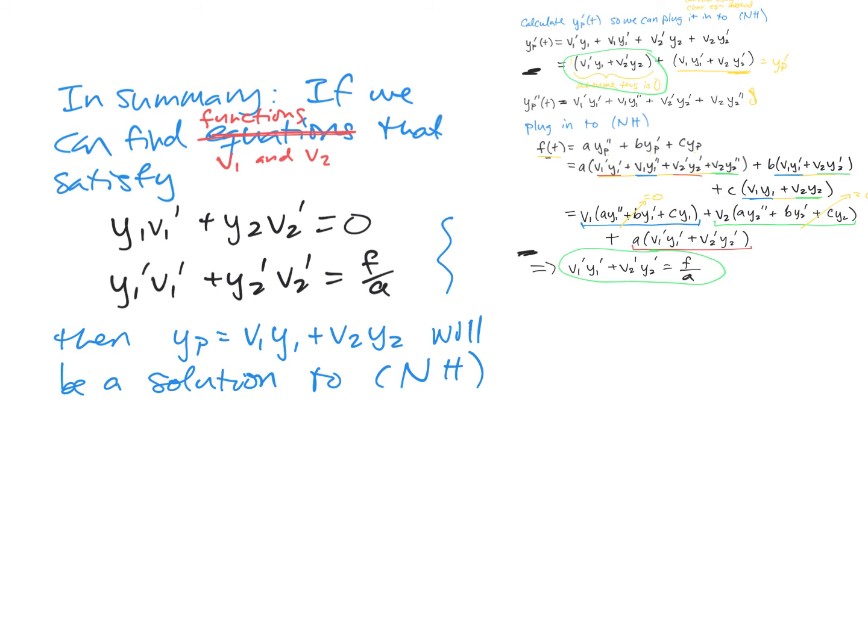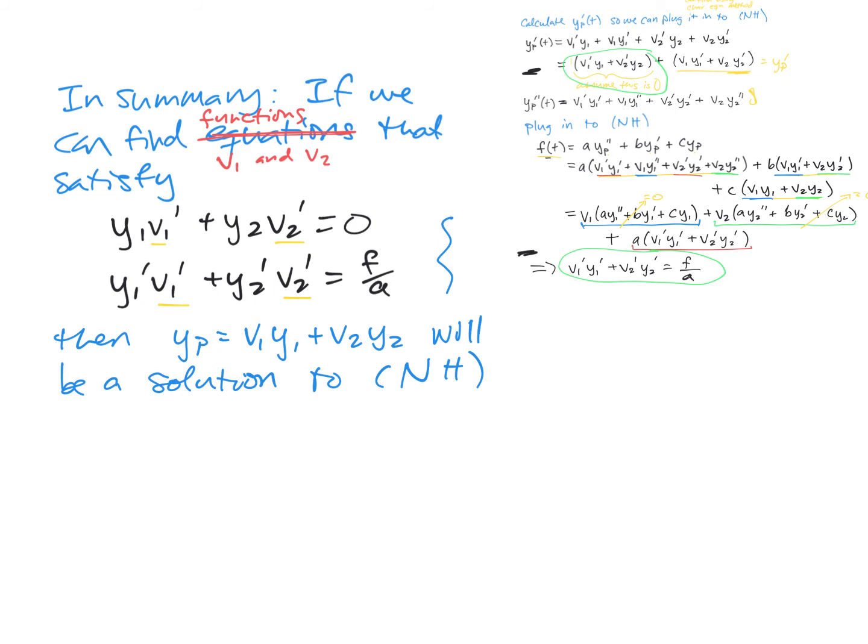And so what's nice here is that I said before that we didn't really want to worry about taking derivatives of a function that we didn't know. But what you'll notice here is that you only have derivatives of the unknown functions. So really, it's really like we don't have derivatives.